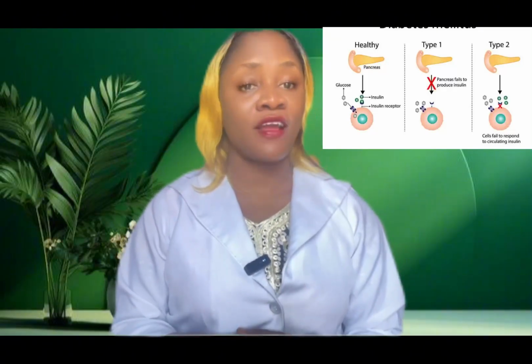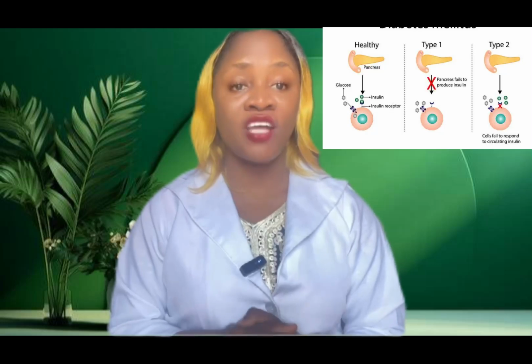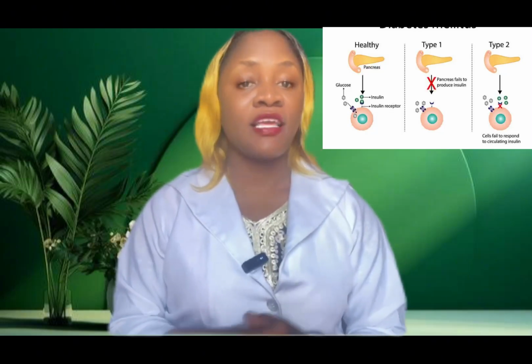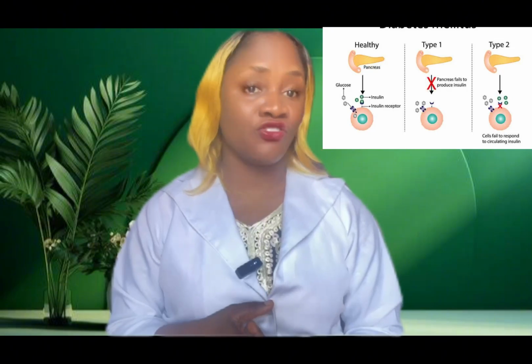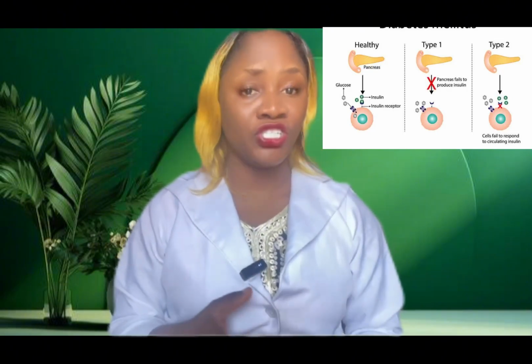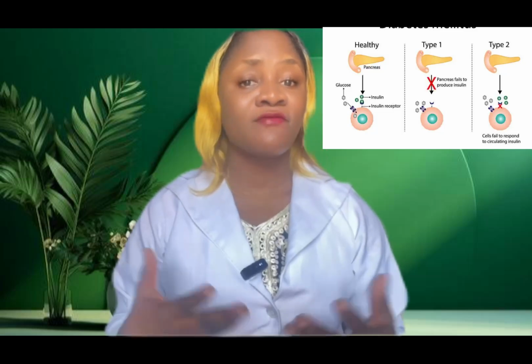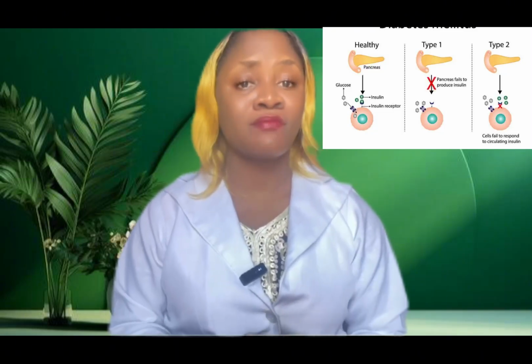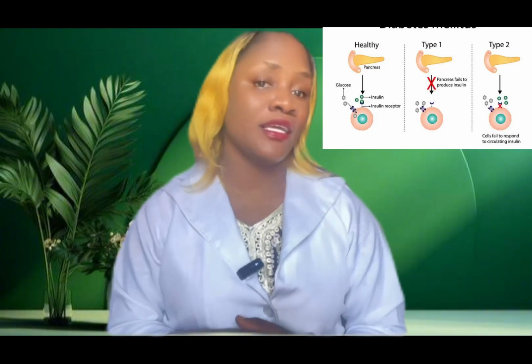Then the risk factors: what can put you at risk of having type 1 diabetes? The first one is family history. The autoimmune type normally comes from the genes. Certain viral infections can cause it, and environmental factors may contribute to type 1 diabetes.